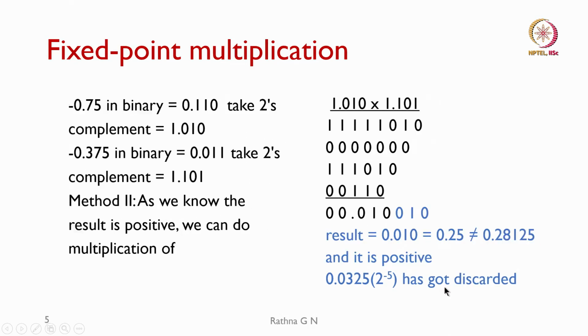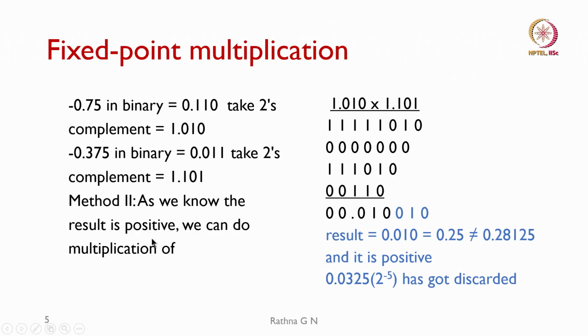So, we will see how to do 2's complement multiplication. We said that in 2's complement, minus 0.75 is this number. First I take 0.75 and take the 2's complement of that number, and this is the number. Same with respect to 0.375, the 2's complement of that number is this.